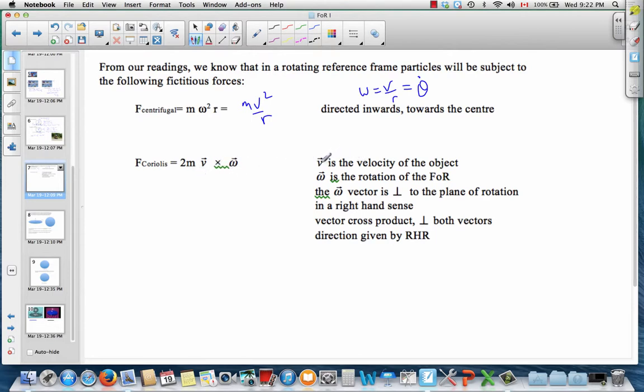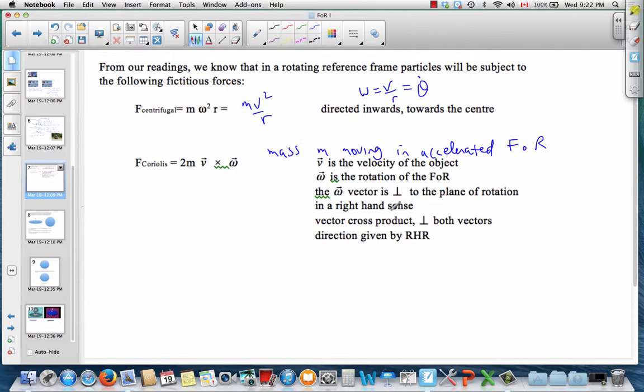This occurs when you have an object that's moving. So you've got a mass m, which is moving in the accelerated reference frame. So it's got a velocity in that reference frame. And omega is the rotation of this rotating reference frame.